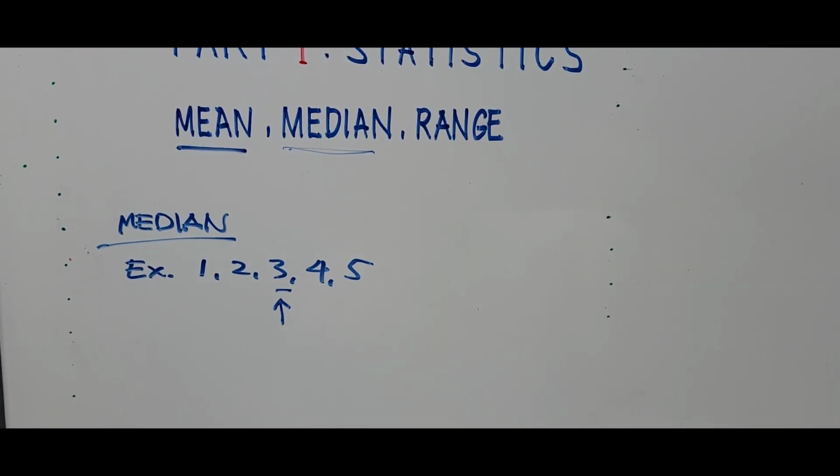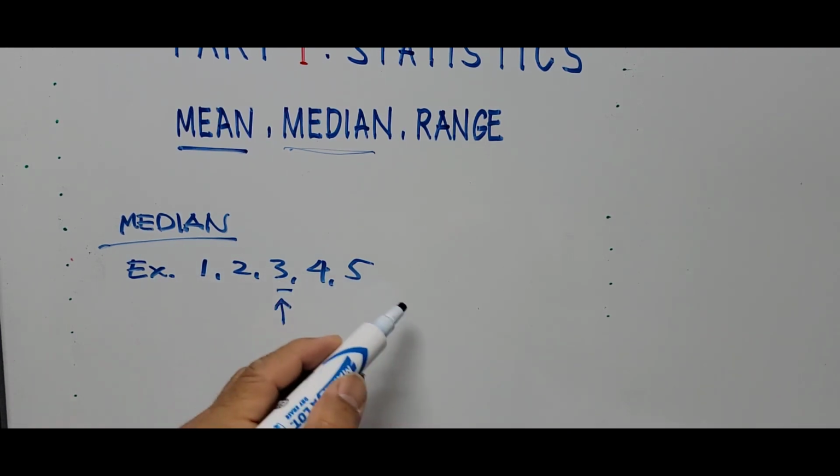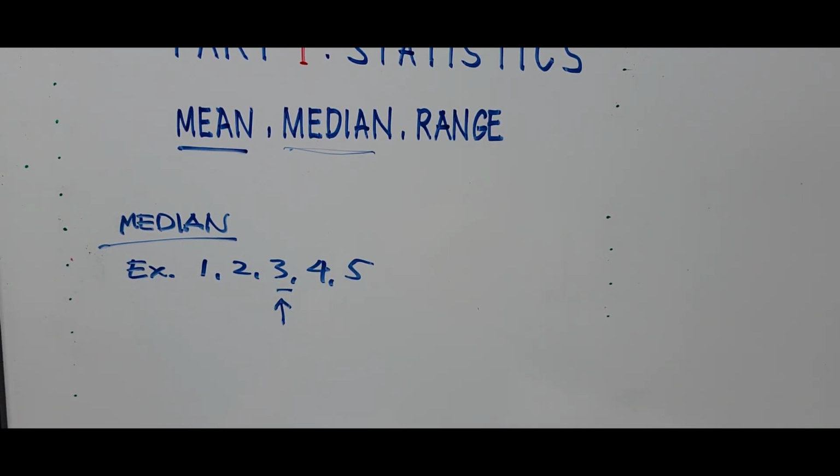So this is considering there is an odd number of values in the set, that is 5 right here. What if we have 6 values, or an even number of values?